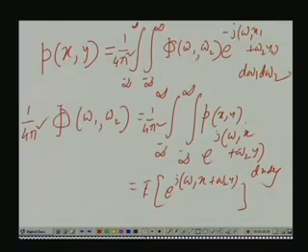Okay. And then we will see that when two variables are statistically independent, the joint characteristic function becomes just a product of the marginal characteristic functions, and vice versa. That is, if the joint characteristic function is a product of two marginal characteristic functions, then x and y are statistically independent. Okay. And then we will relate that to convolution and all that.